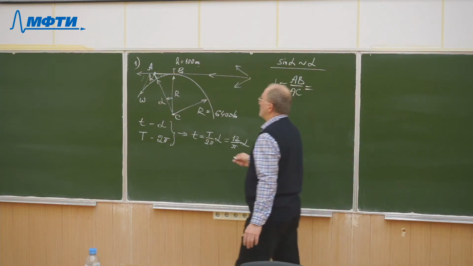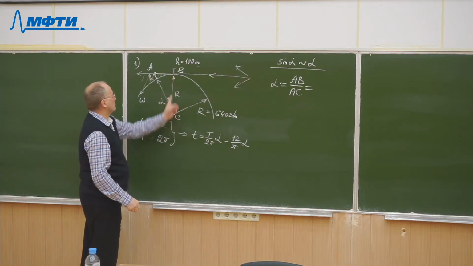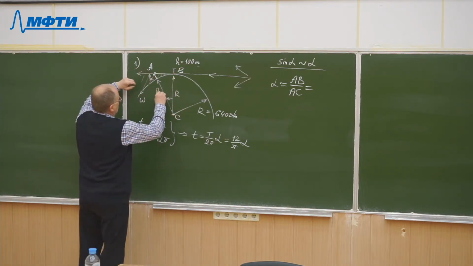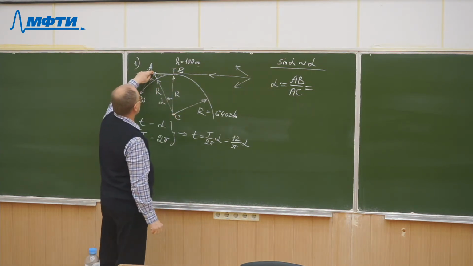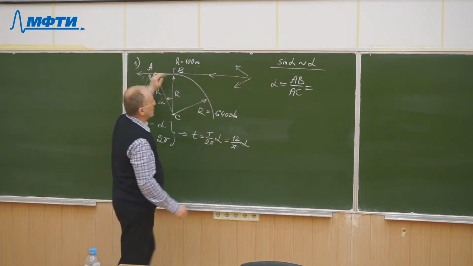Now, what is AB? Can we find it somehow? Certainly. We know one leg of the triangle, and we know this side because it's given as radius plus h. So we know AB from the Pythagorean theorem.